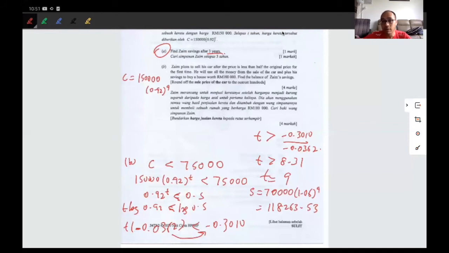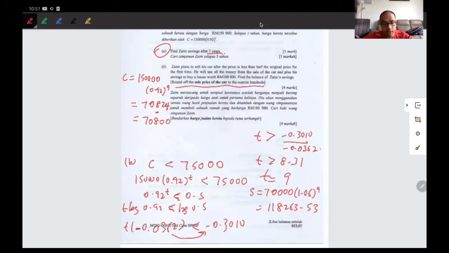We cannot just say it's 75,000. We will get about 70824. But they said to round off the sale price of the car to the nearest 100. So annoying, this kind of question. There are more instructions. So the nearest 100 will be 70800.